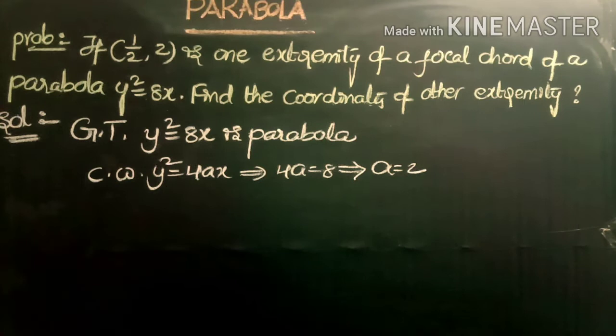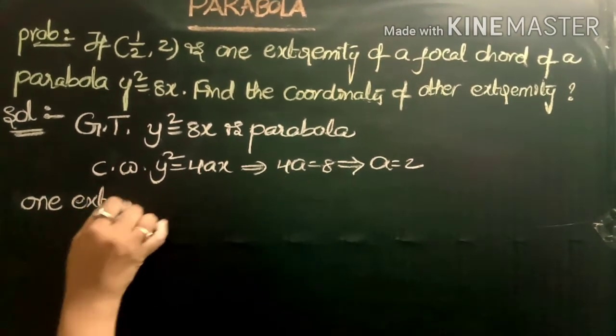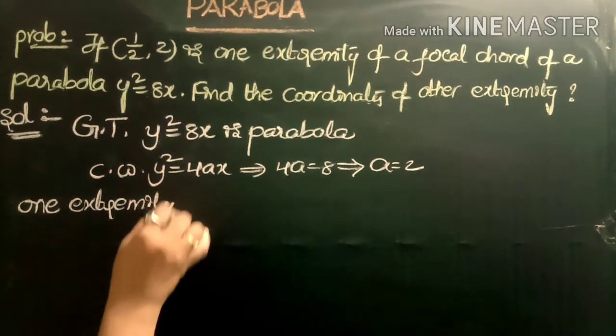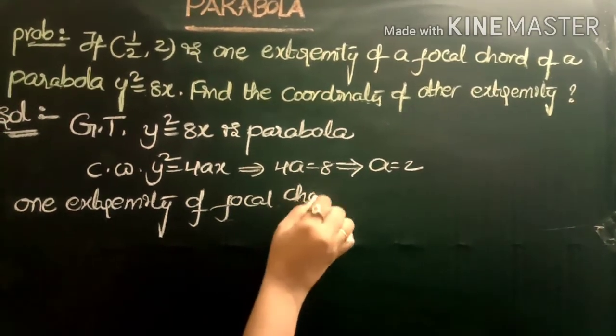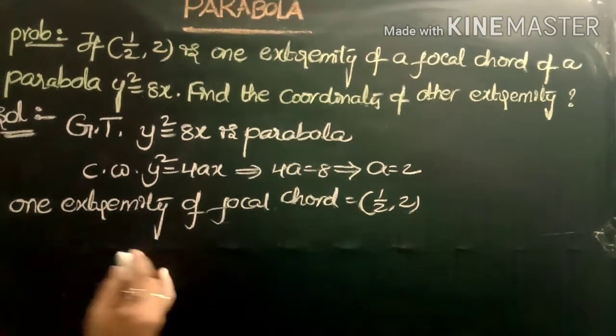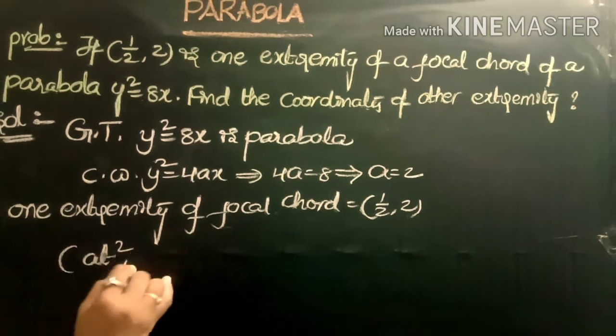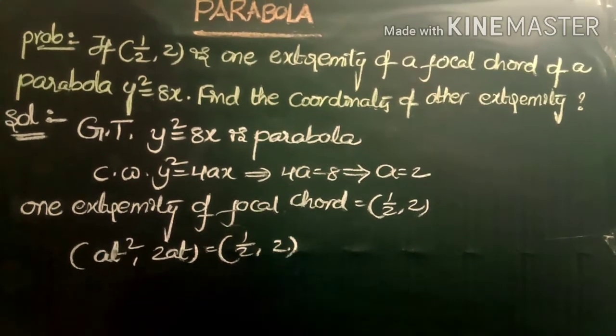Now what is given? One extremity of the focal chord, given as (1/2, 2). Since this is a point on the parabola, we take this point as (at square, 2at). So (at square, 2at) is equal to (1/2, 2).